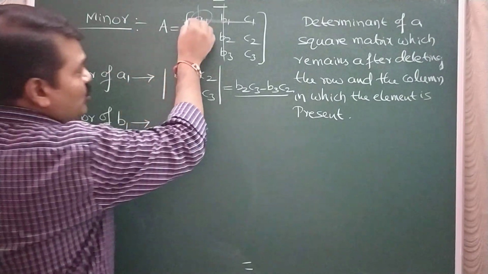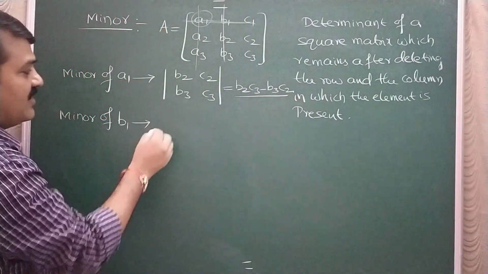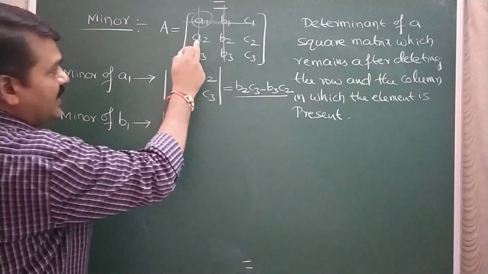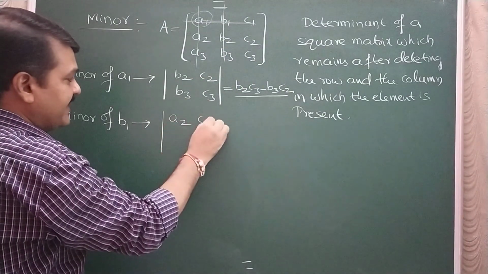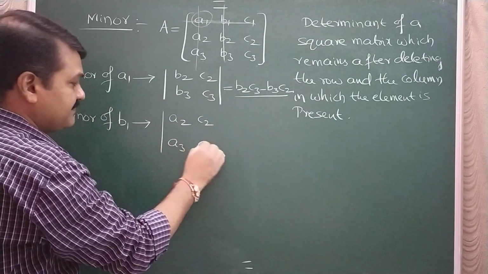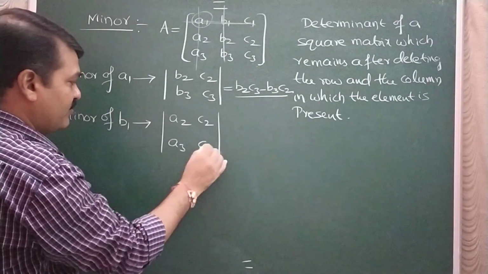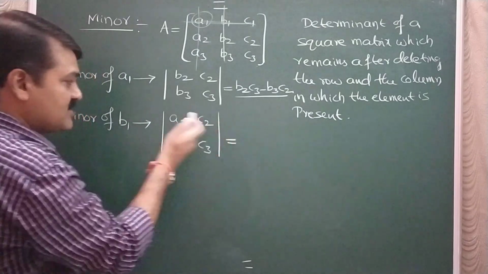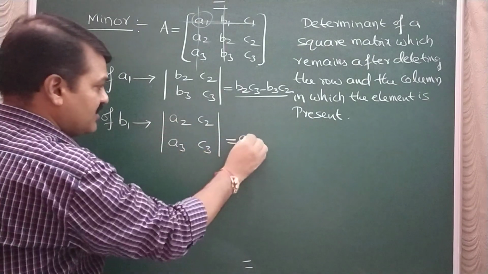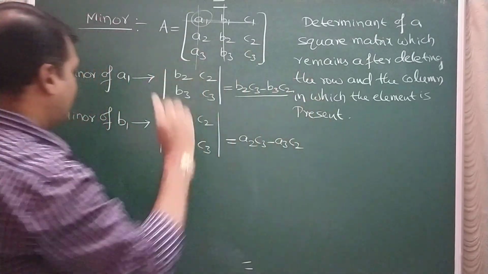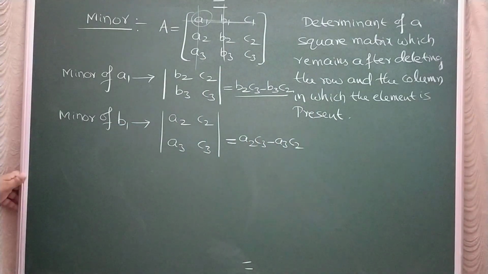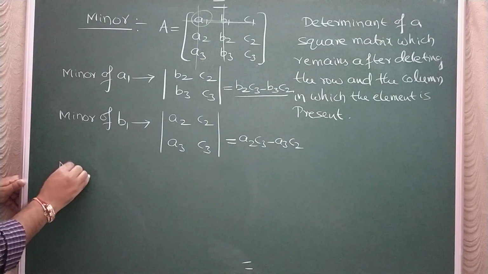After removing the first row and second column, a2, c2, a3, c3 is left, no? So the determinant of that is going to be the minor of b1. So find the determinant: a2 c3 minus a3 c2. This is the minor of b1. So let us take one more element.